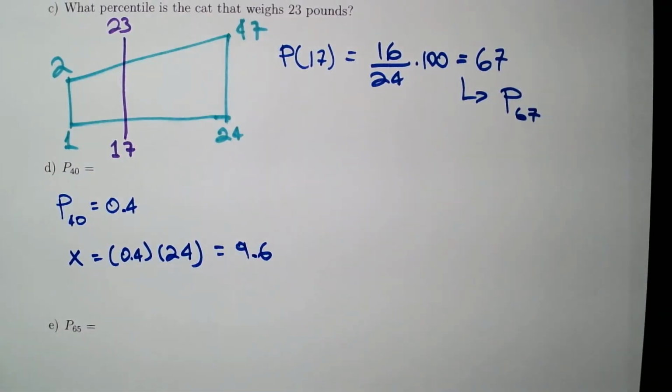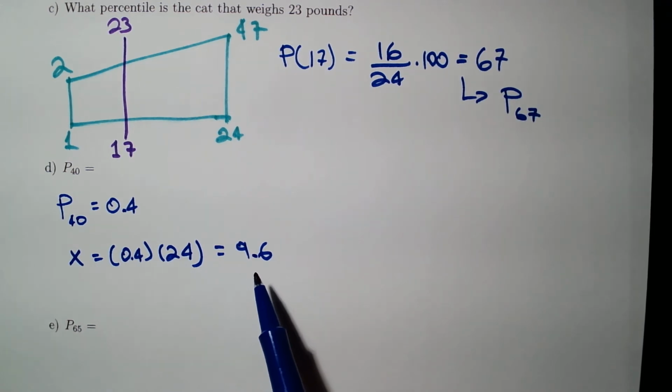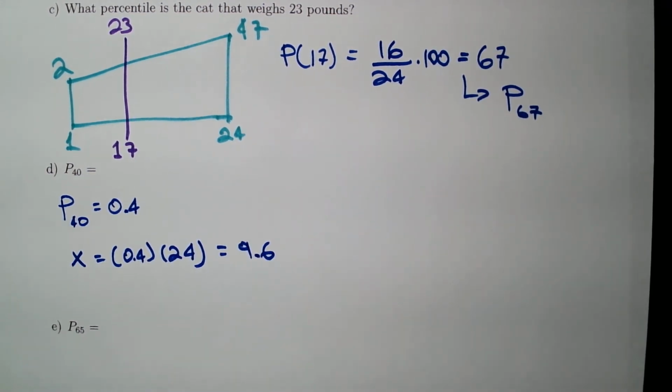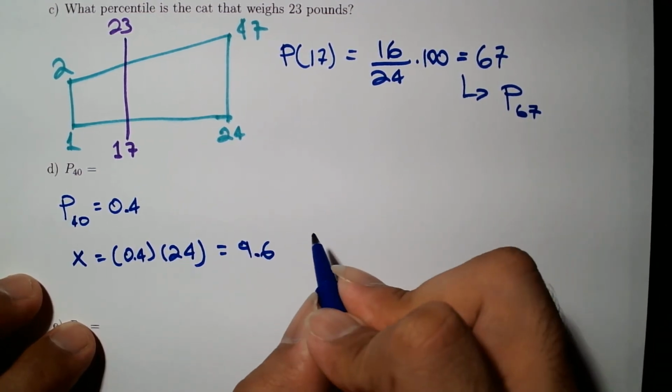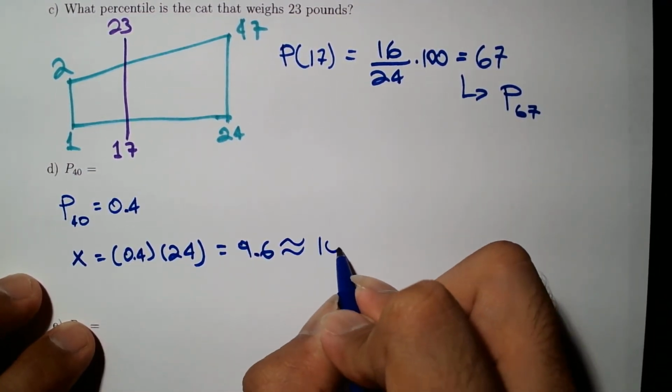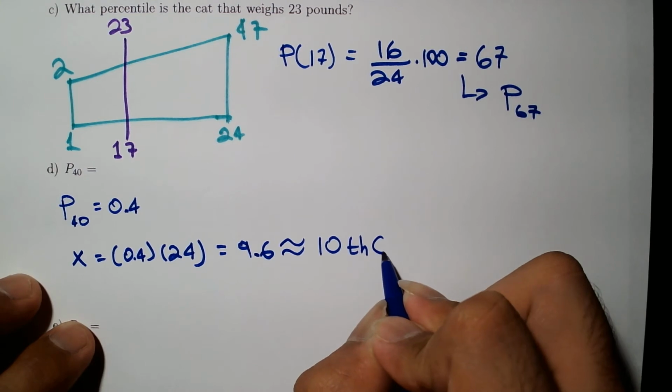Even if we have a 9.1, 9.2, I know by the rounding rules it should round down to 9, but in this case we always round up. So in this case it's approximately the 10th cat.